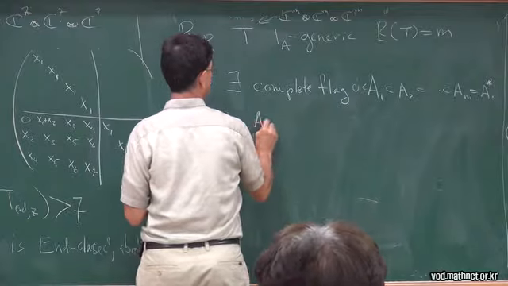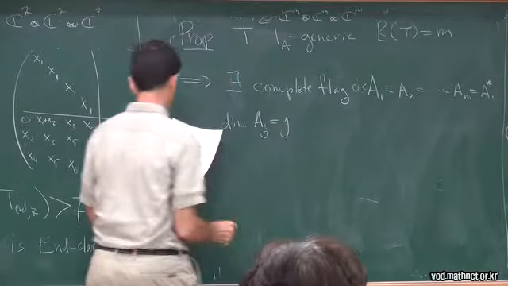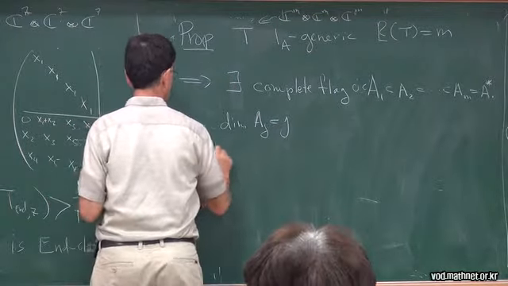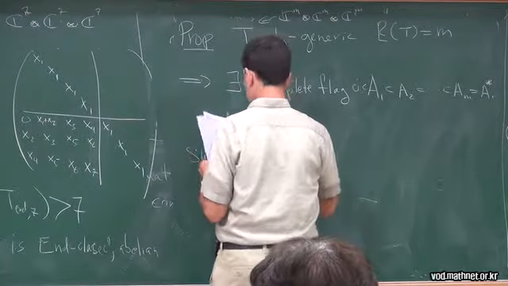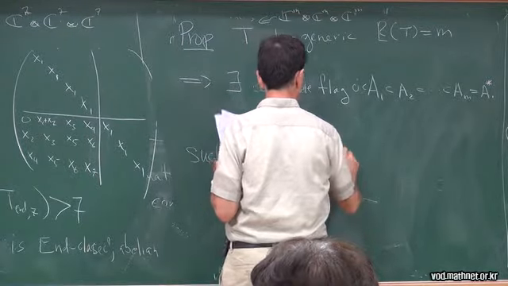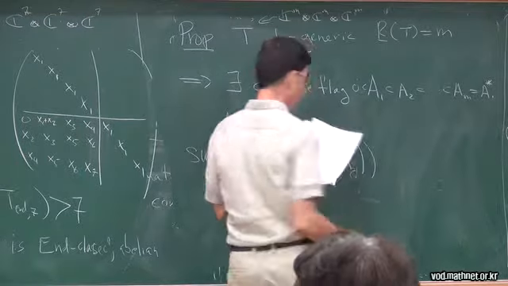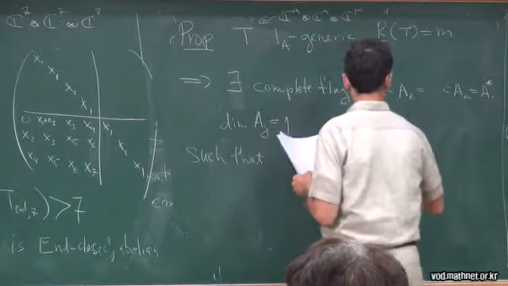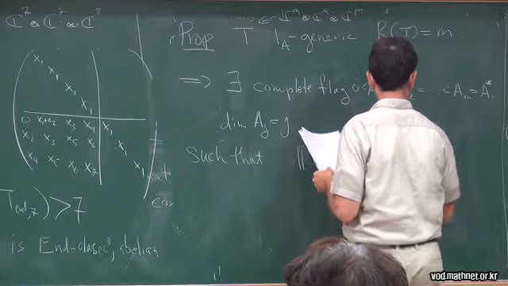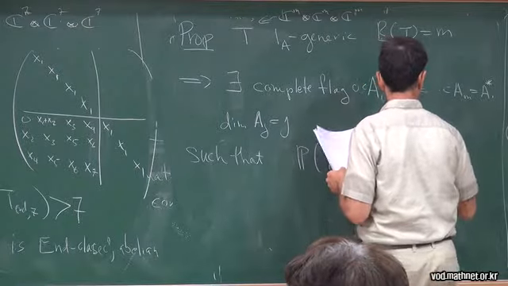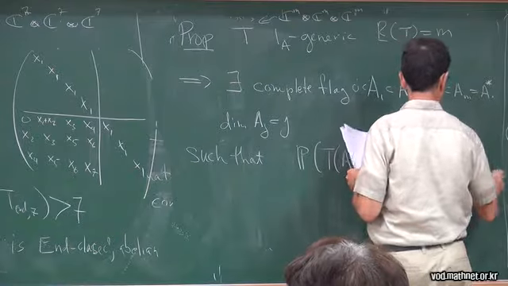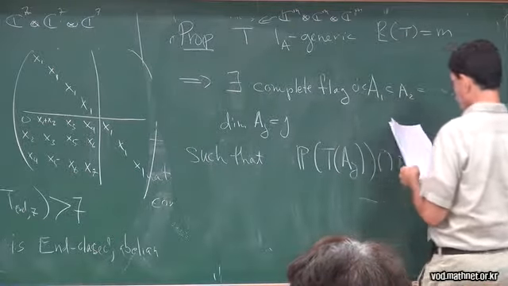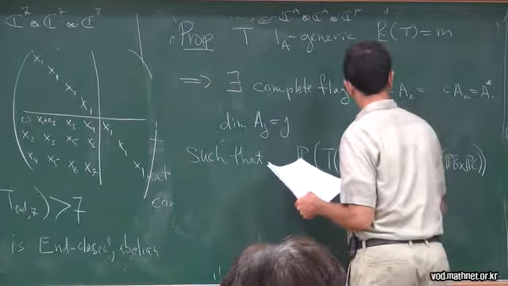Dimension of A_j equals j, such that P of T of A_j, and now this is what you wanted before, is contained in the jth secant variety of the Segre. It's not intersect, it's contained in.